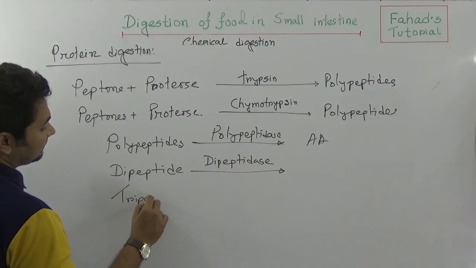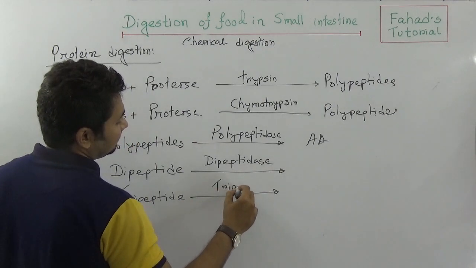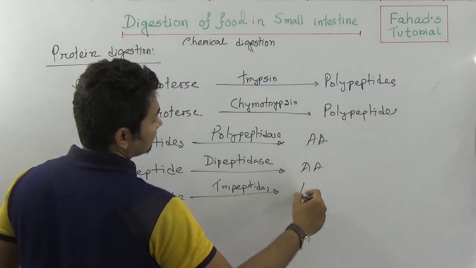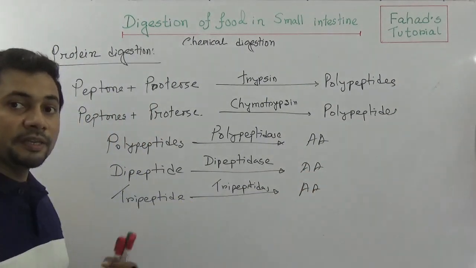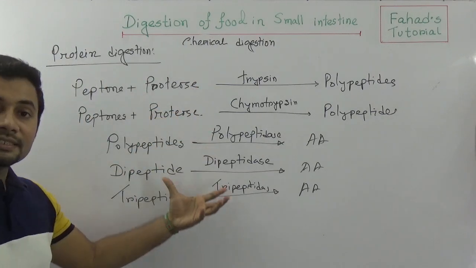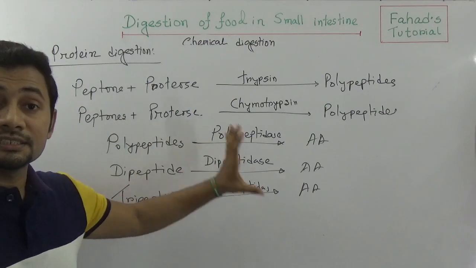Tripeptide will be breaking down by tripeptidase, and will produce amino acids in all cases, because we need amino acids from the protein. So in a similar way you can write the same thing based on the activities that amino acid is required.